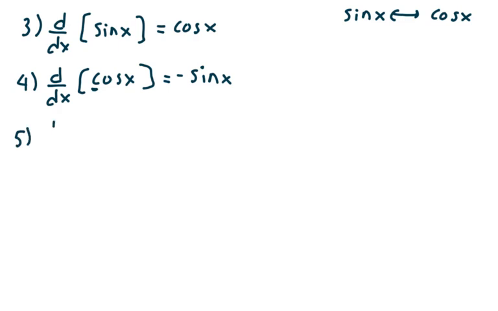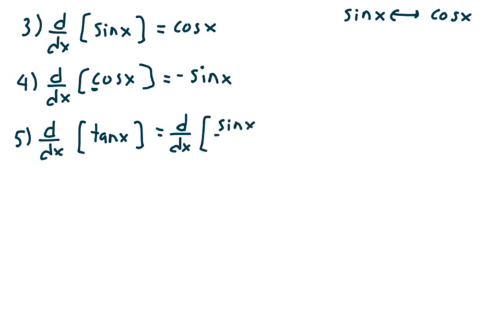Number 5. Suppose I want to find the derivative of tangent x. But we could relate that to sines and cosines. So a neat little derivation here is I'm going to differentiate sine of x divided by cosine x by the quotient rule.